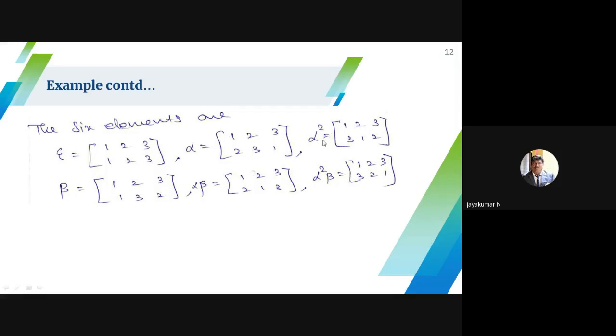That is, if alpha cube is identity, I have to write up to alpha square. So this is the second permutation. Then choose another different permutation, say beta. You can stop up to this. Then try to find beta square. Luckily this beta square is identity. So I have only these three. Using these three, I have to multiply. Other than epsilon, I have three elements: alpha beta, alpha square beta.